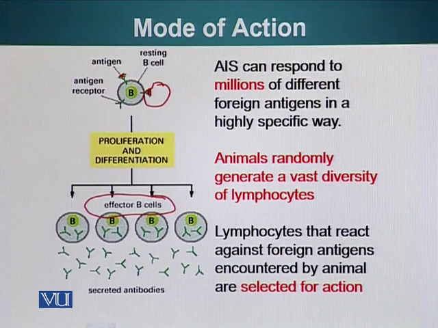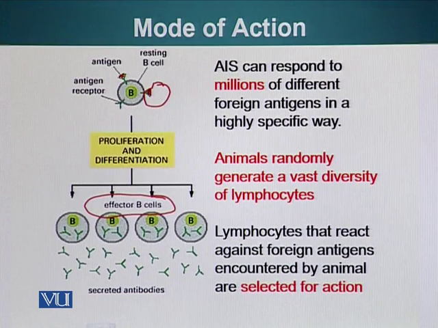Animals randomly generate a vast diversity of lymphocytes, B cells with antibodies which have different antigenic specificities, and only those B cells will be allowed to divide and mature and form effector B cells which have their antibodies stimulated by binding of an antigen. So if you think about it, it is the antigen that is selecting the B cell for its activation.